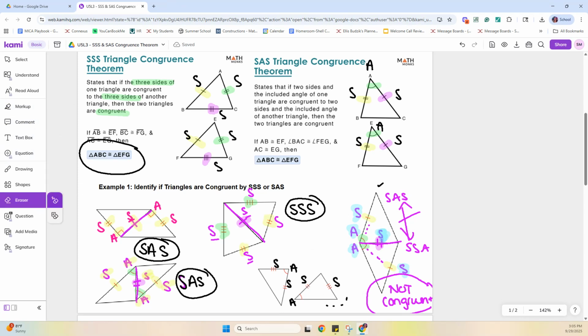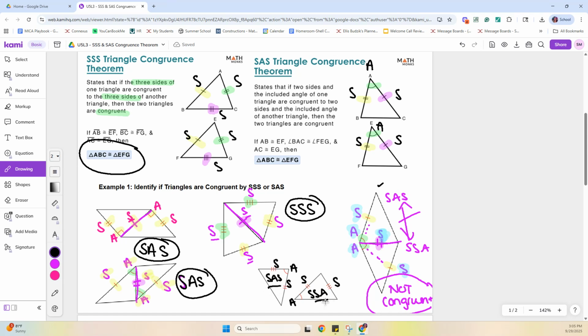Okay. So I have different things going on. I have a side-angle-side for this one marked, but then over here I have a side, side, angle. Again, these two things are not the same. So because they're not the same, this is going to be not congruent. We don't have enough information to tell us that these two triangles are congruent for this. So not congruent.